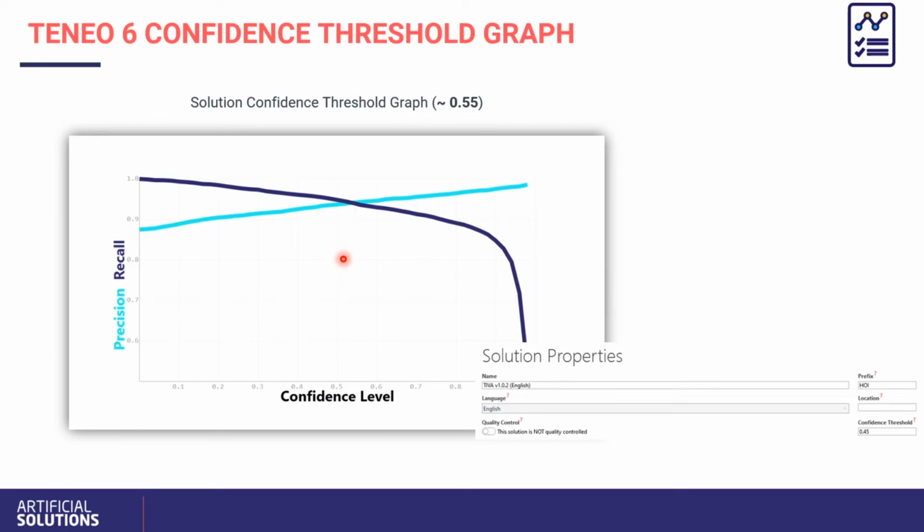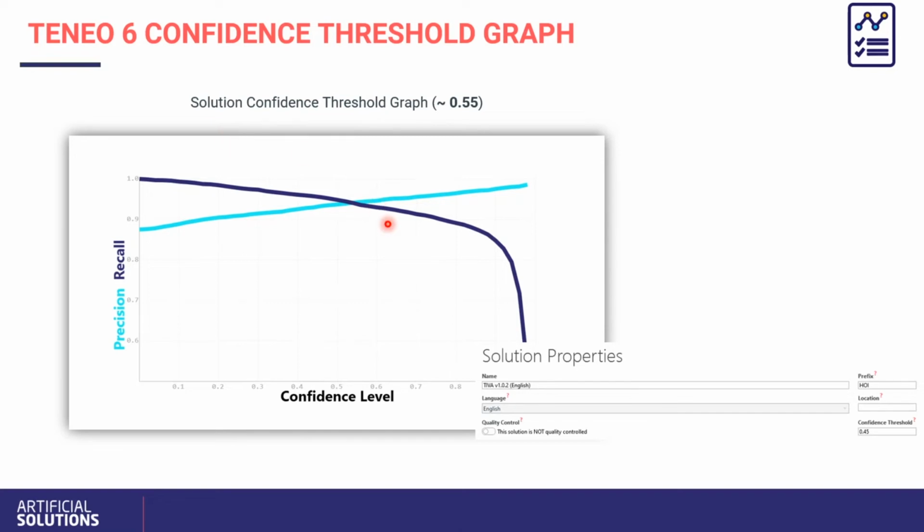That's the balance that you often are looking for with machine learning. That balance is typically what tells you where your solution confidence threshold should sit.